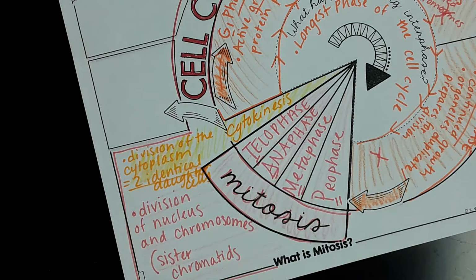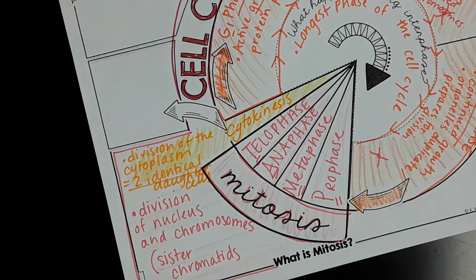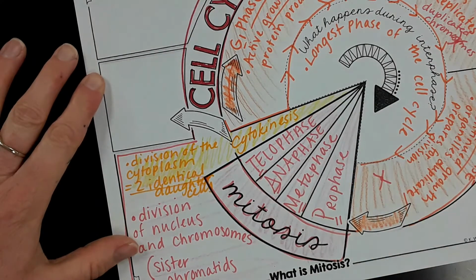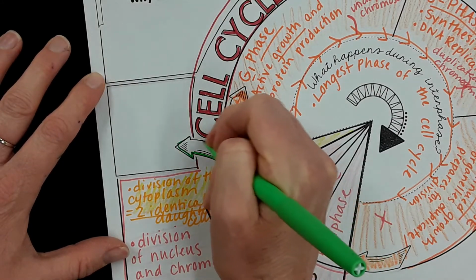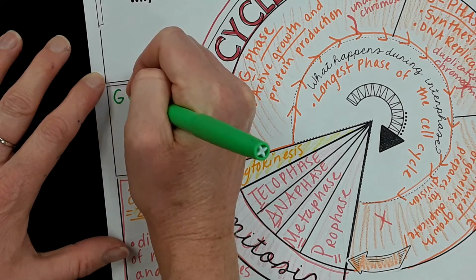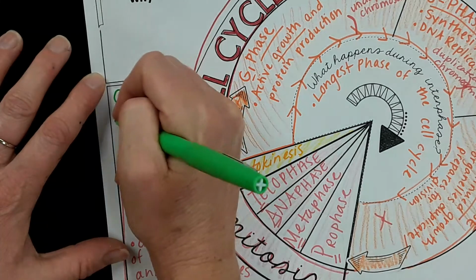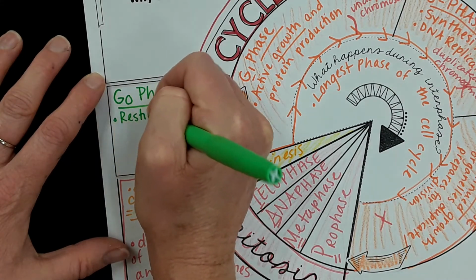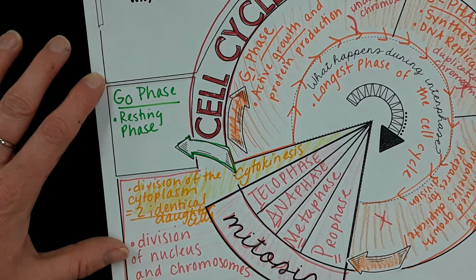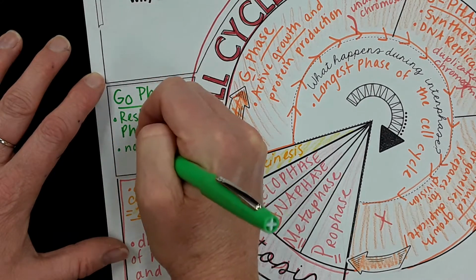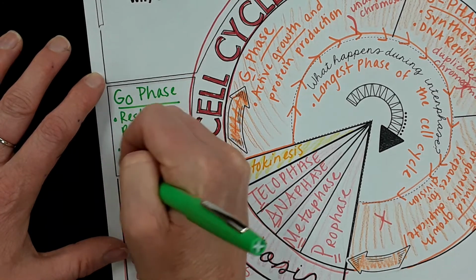Now, what happens after this is some cells are then going to enter a G0 phase. Most cells will go through a gap phase, which is G0, and this is considered a resting phase. During this time, the cells are not dividing or preparing to divide.